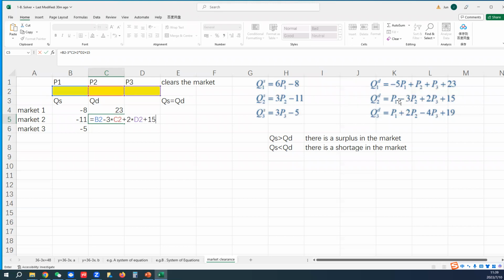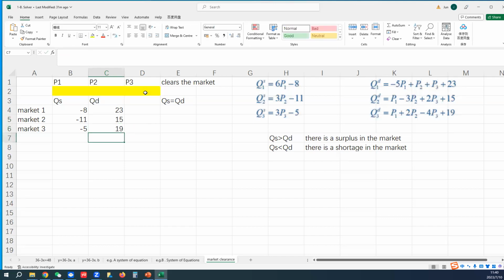P1 minus 3P2 plus 2P3 plus 15. That's the second one. The last one is P1 plus 2 times P2 minus 4 times of P3 plus 19. Okay, just one quick rule of thumb. Check those constants.